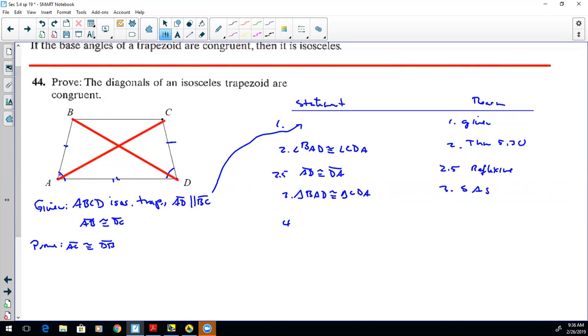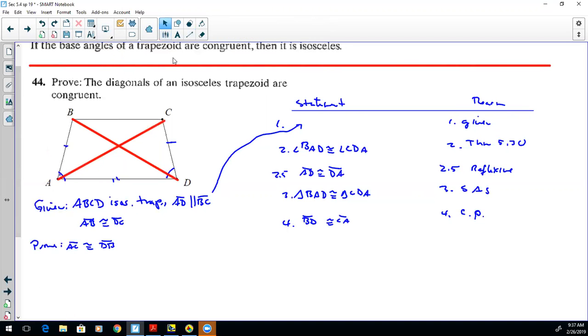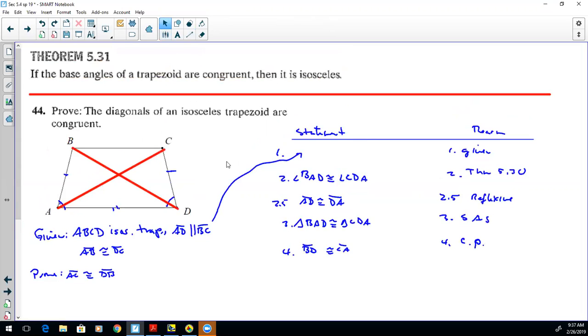And so the last thing is then that BD is congruent to CA, and this is corresponding parts. Okay, so that's section 5.4, and that should get you through the exercise. It's a pretty easy section to work with.